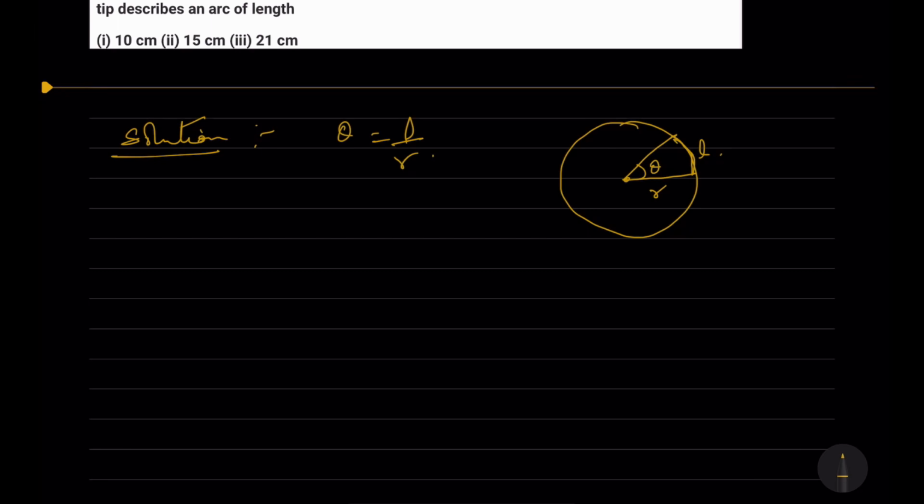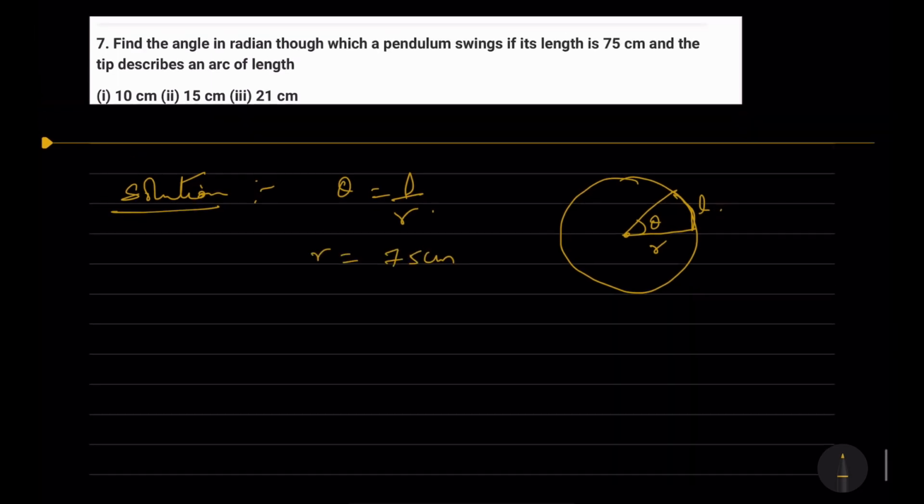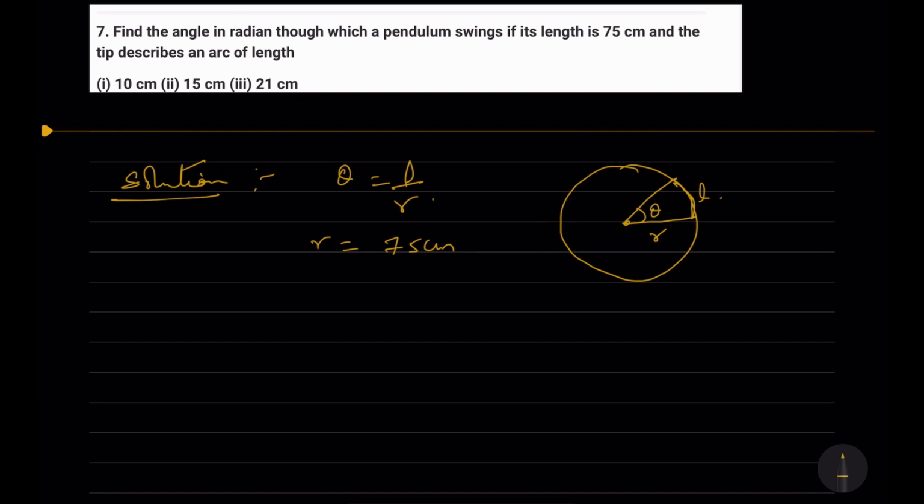It is given that r is equal to 75 centimeters. From the problem you can see very clearly that its length is 75 centimeters and the tip describes an arc of length 10 centimeters. So L is equal to 10 centimeters is given.